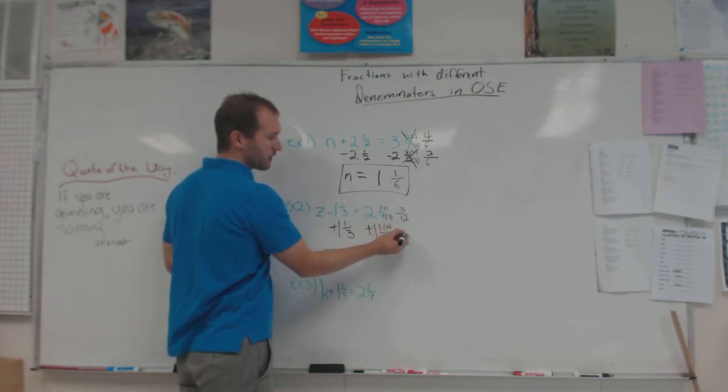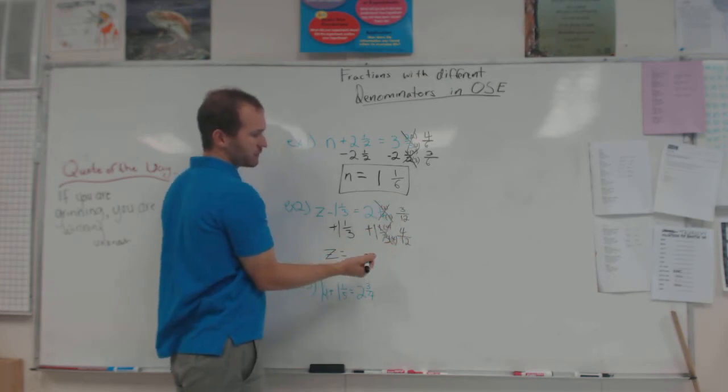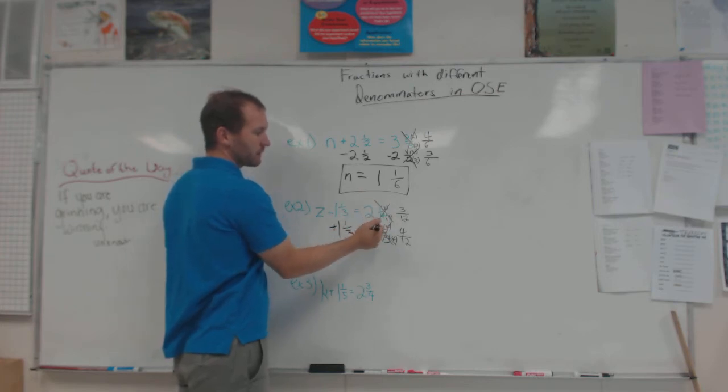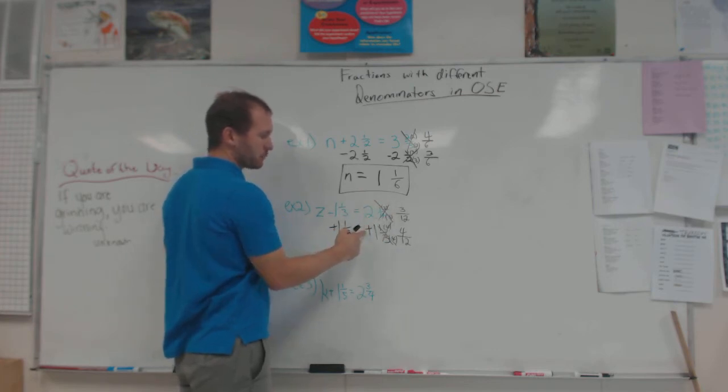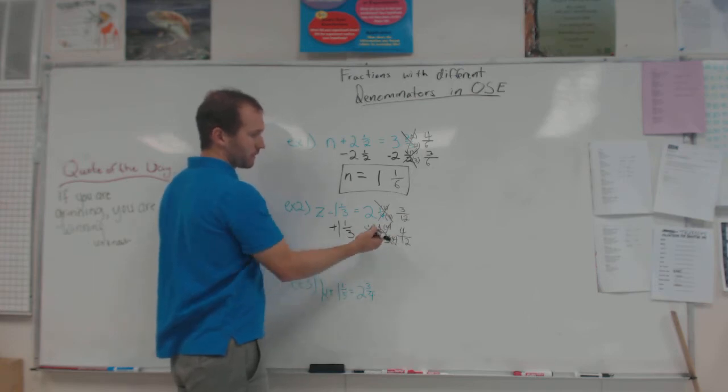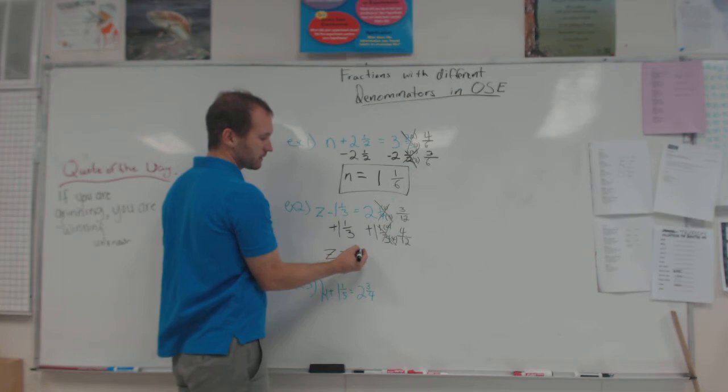So in the top here, what's our numerator here? 4. I like to cross these out so I don't get confused. This is my new fraction, right? So I'm done with this one. What is 3/12 plus 4/12? 3 plus 4 is 7. 7/12.